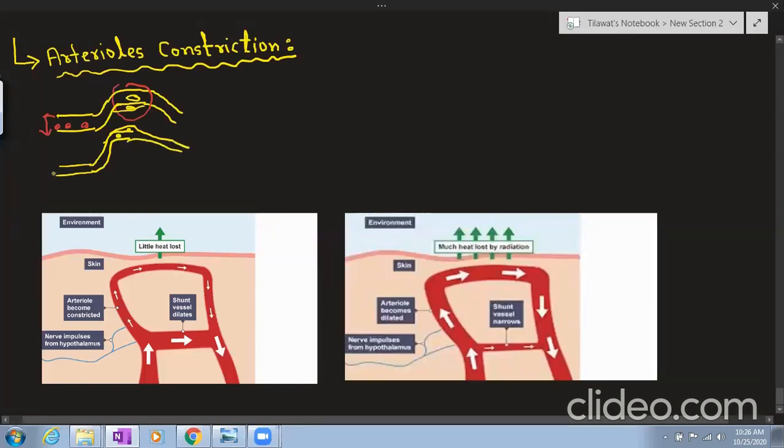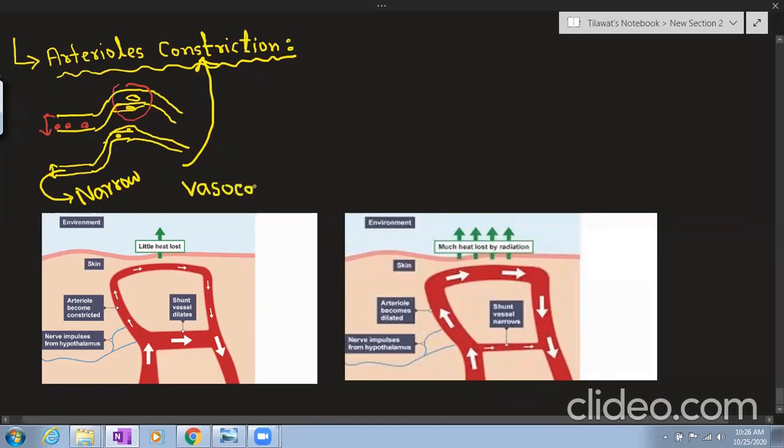You see here, this arteriole constricts, it becomes narrow. And when it becomes narrow, it means less blood is going to those capillaries. So that condition is called what? Arteriole constriction, right? Or we can also say vasoconstriction.